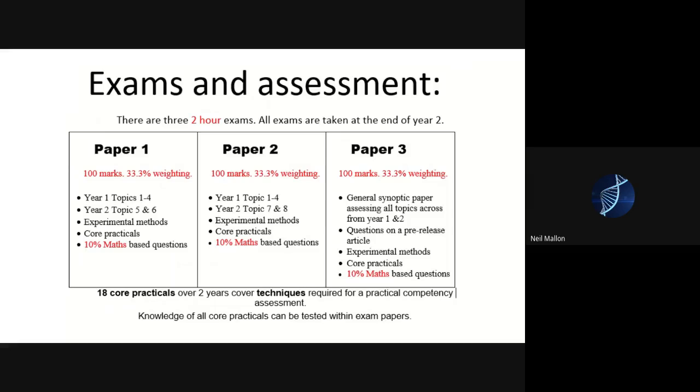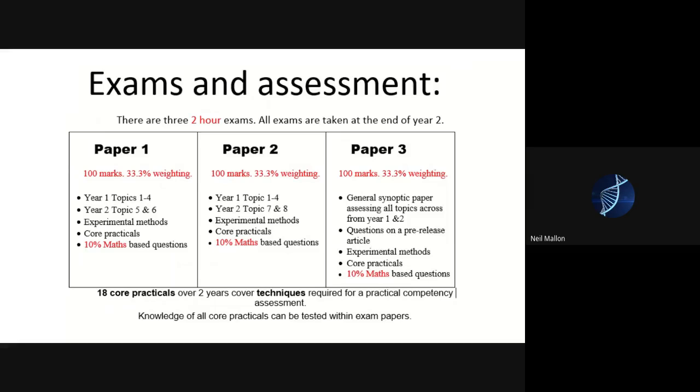Paper 1 covers topics 1 to 4 from year 12, and then year 13 it covers topics 5 and 6. The experimental methods included in those topics and the core practicals that go along with those topics as well. There's a 10% math-based element, and you can see that that math-based element is included across paper 2 and paper 3, and they're all about 10% each.